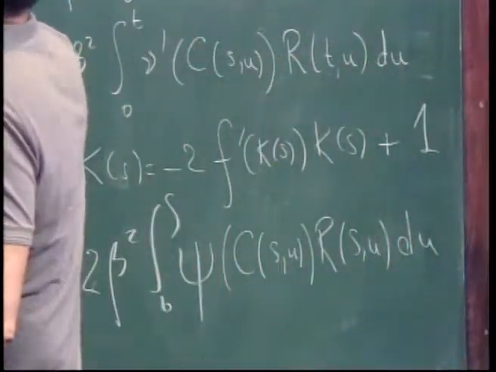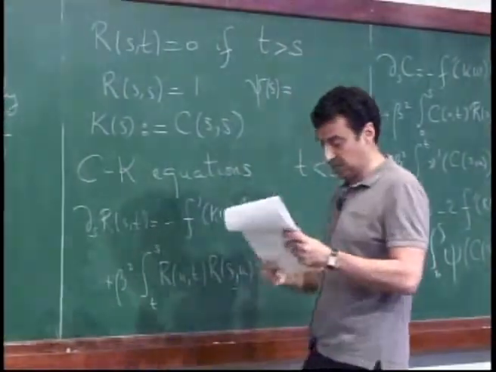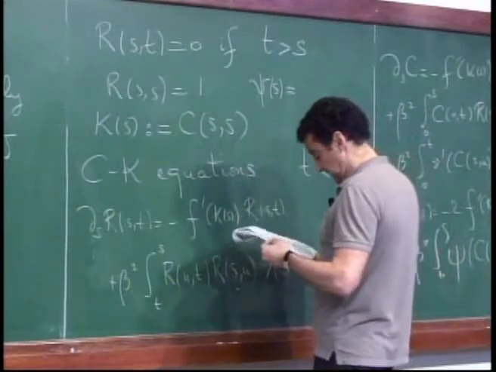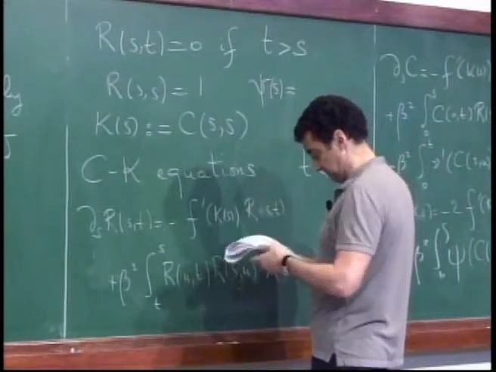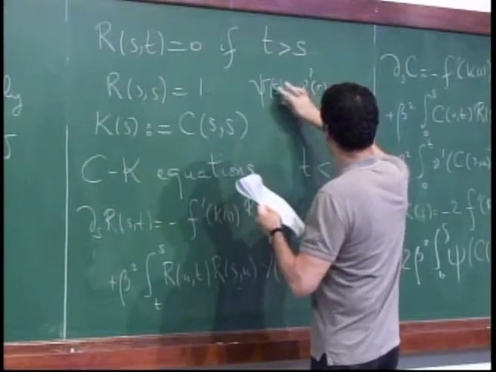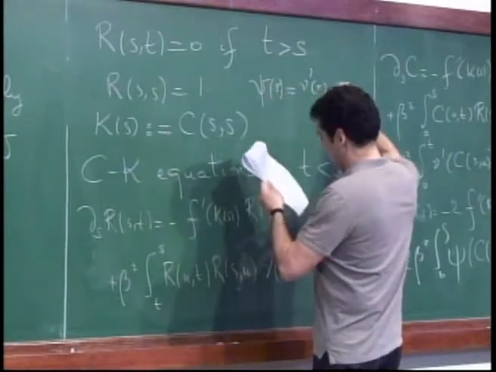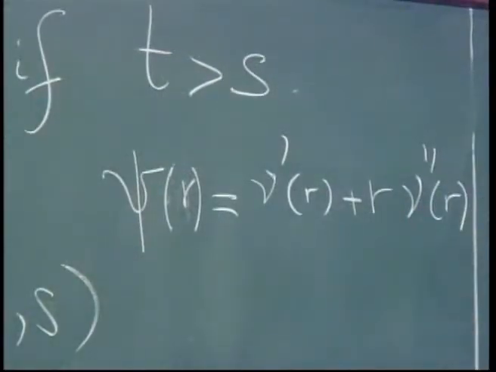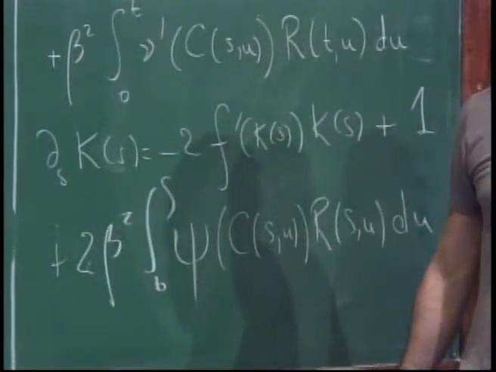So psi is a function that we have already encountered, and I think I called it theta before, but psi is nu prime plus R nu second of R, something like this. Yeah. So psi is also a function defined by the model. All right. So these are the Cugliandolo-Kurchan equations.